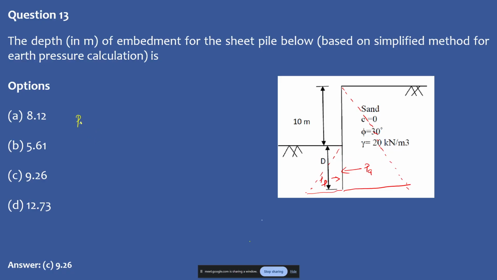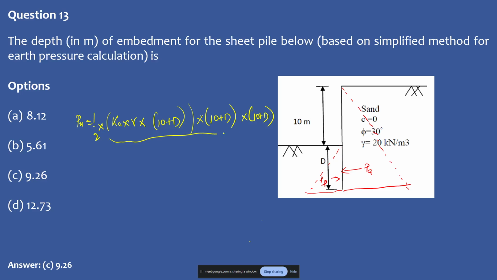So your P active is basically half times of, first you need to calculate the pressure. So pressure is your K into gamma into (10 plus D), and then again you need to multiply it with the height, 10 plus D. For calculation of the area you need to take half into the pressure, and then multiply it with the height.